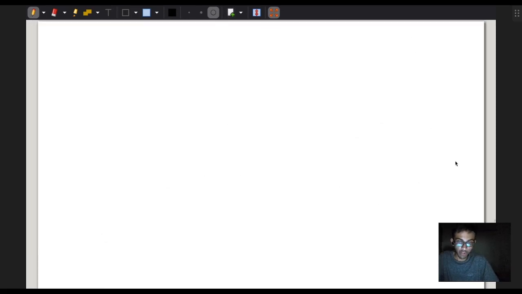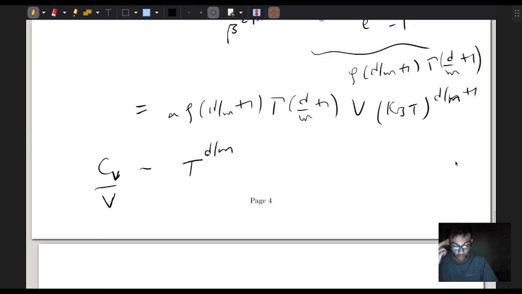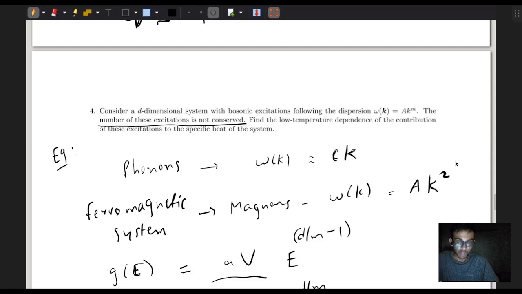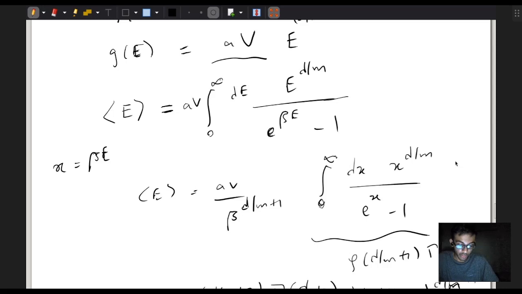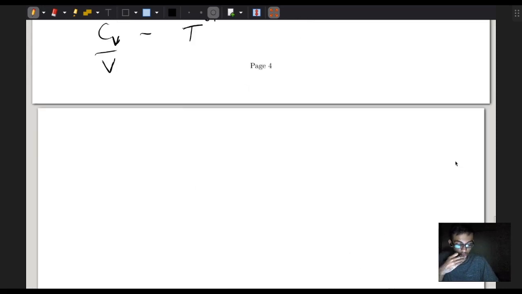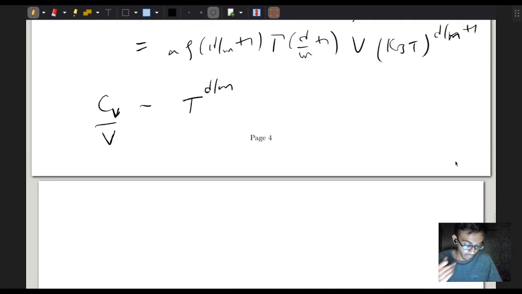So if we go back to these examples here, for phonons, they disperse linearly. It's a reasonable approximation for small momenta.